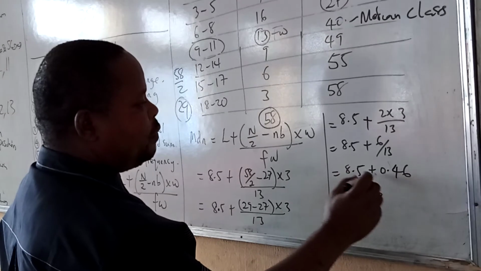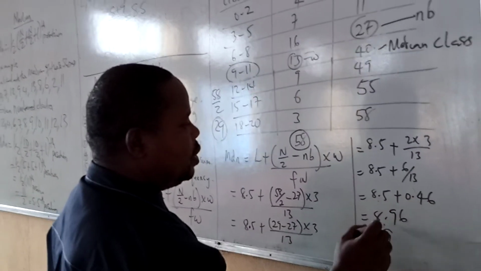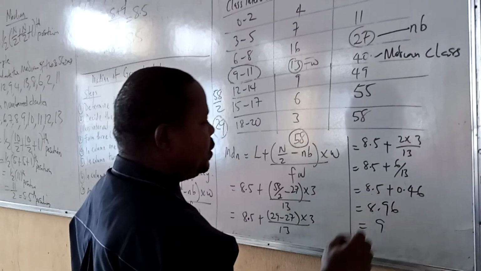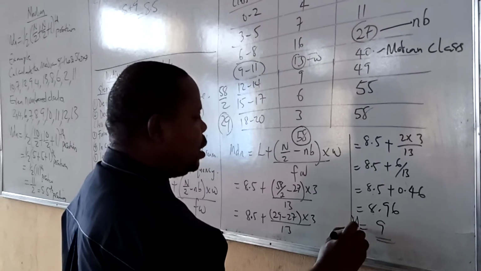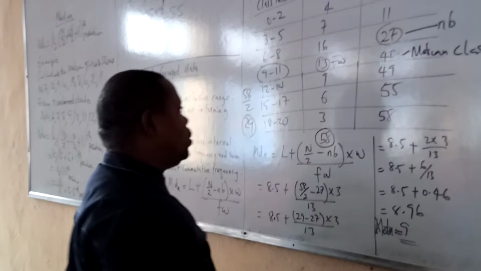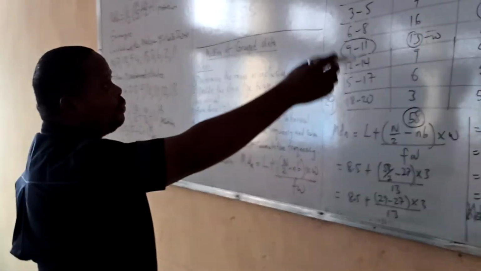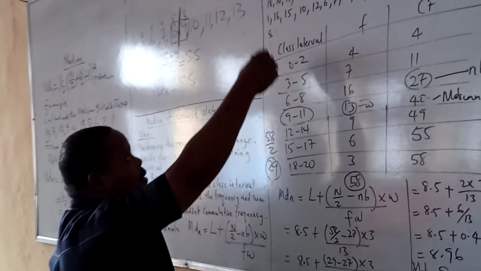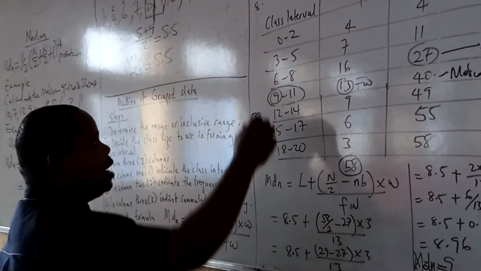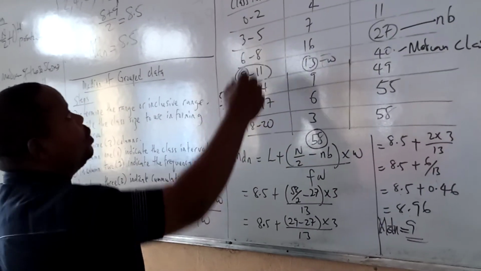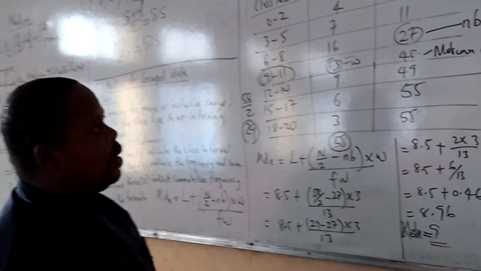If you add 8.5 plus 0.46, it will give you 8.96, which approximates to 9. So the median is equal to 9. And of course, if you go back to that class interval, you see that there is 9 there, confirming that the median is within this class interval.